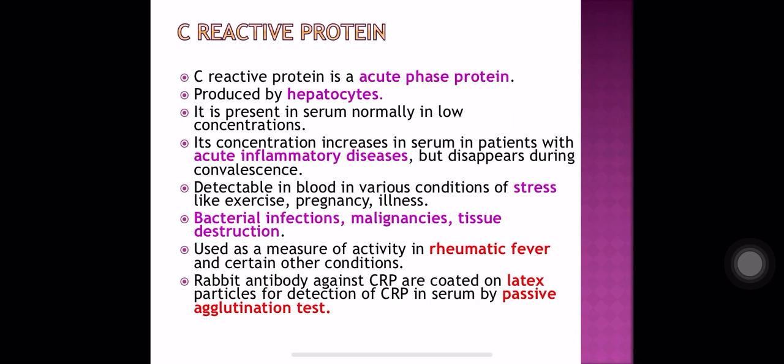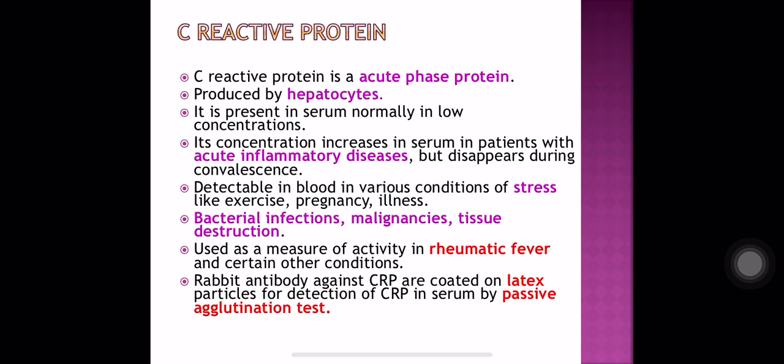Under certain conditions of inflammation and stress, the C-reactive protein value increases: in malignancies, in bacterial infections, in tissue destruction, etc. In many varieties of conditions the C-reactive protein value increases rapidly, and it also declines as the patient recovers. So the C-reactive protein test has been used as a prognostic marker for various disease conditions.